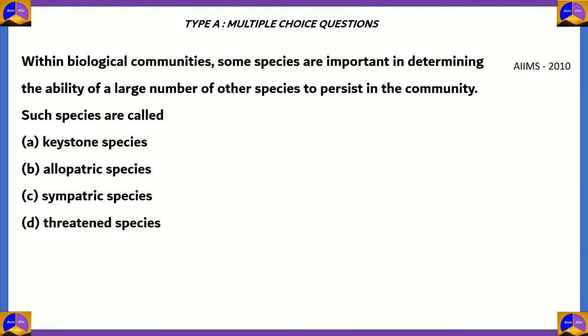Now we are coming to the final question of this episode. Within biological communities, some species are important in determining the ability of a large number of other species to persist in the community. Such species are called A, keystone species, B, allopatric species, C, sympatric species, D, threatened species.